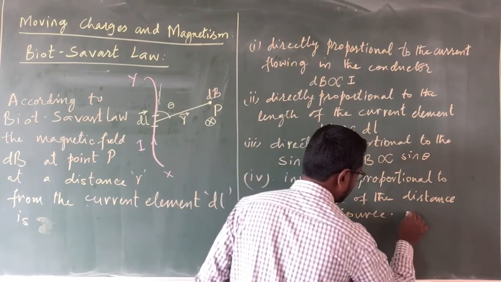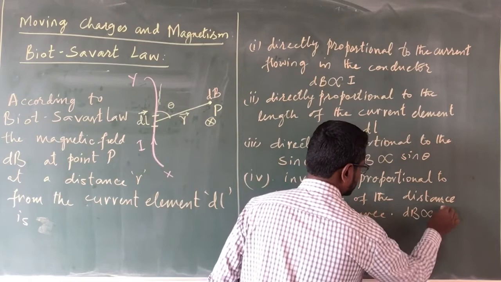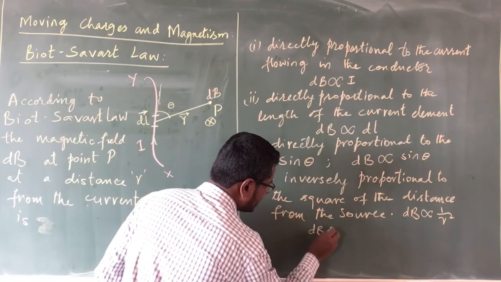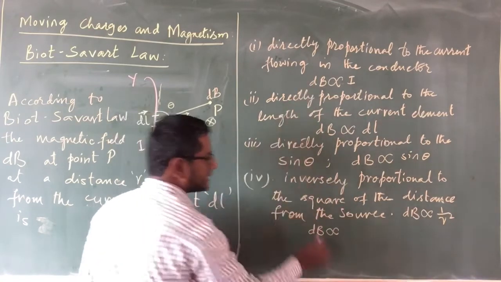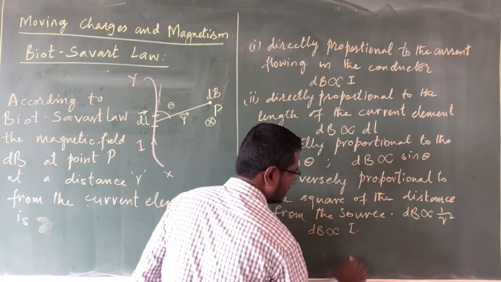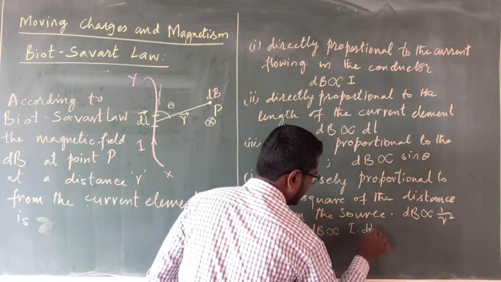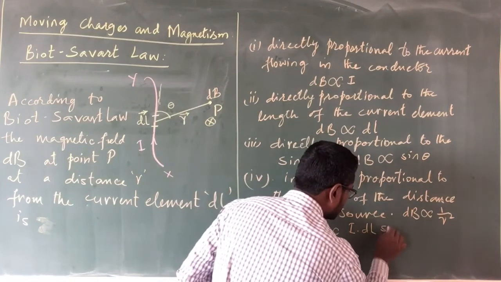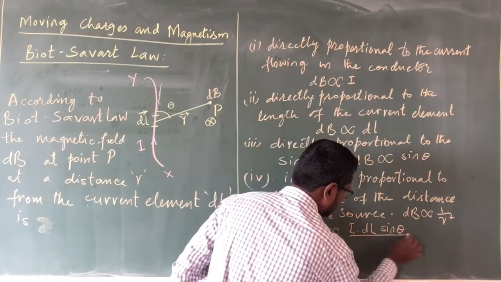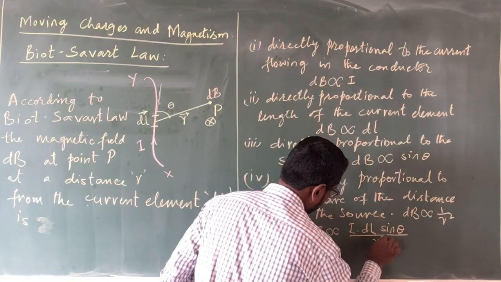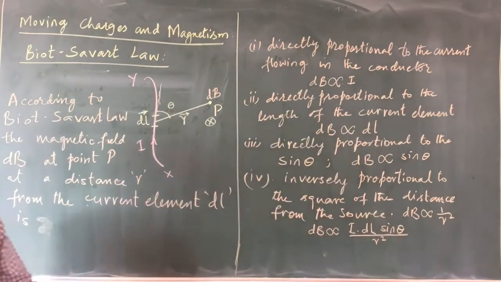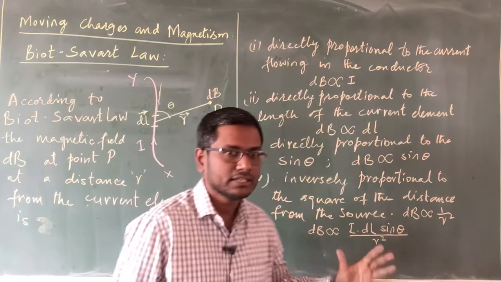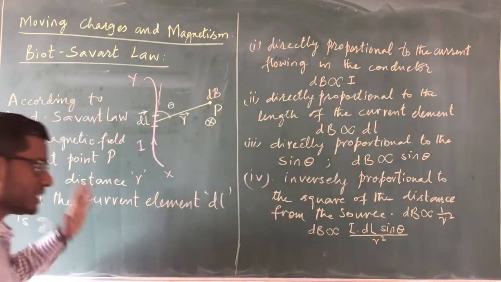The same applies to the Biot-Savart law. So dB is proportional to 1 by r square. So dB is proportional to the current I, the conductor length dl, and sine theta, divided by r square. That is the proportionality for the magnetic field as given by the Biot-Savart law.